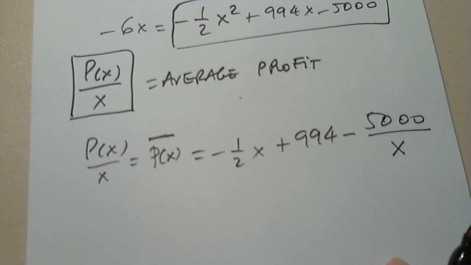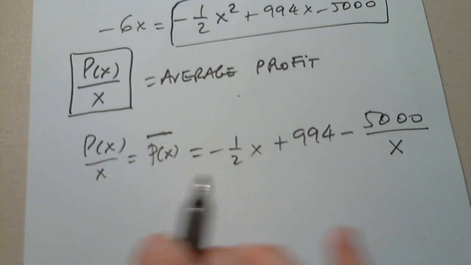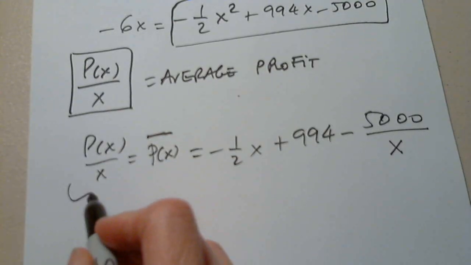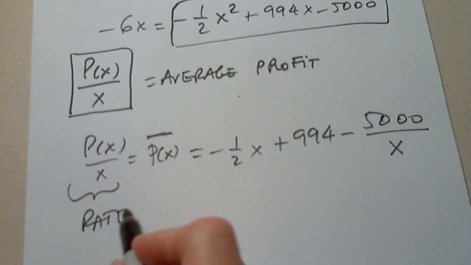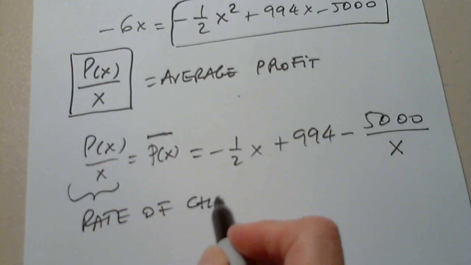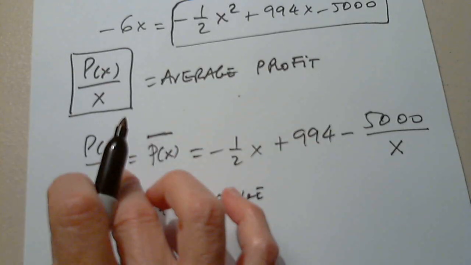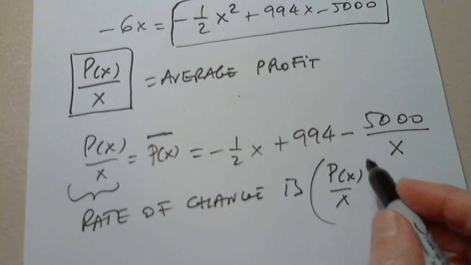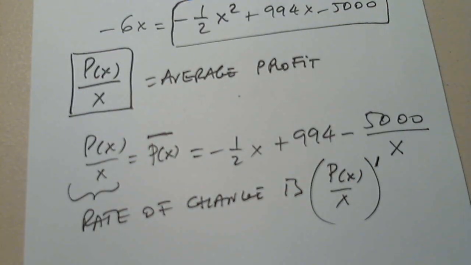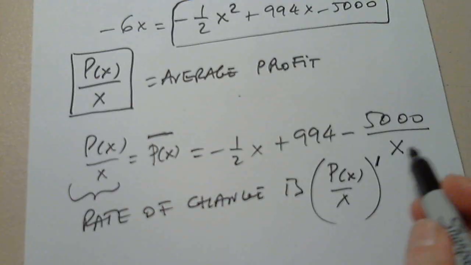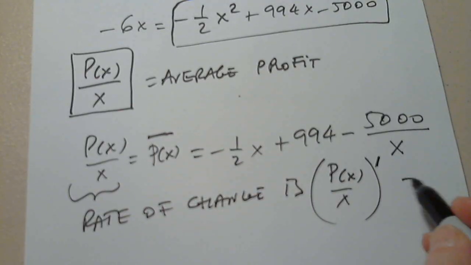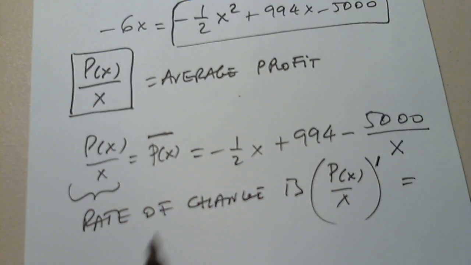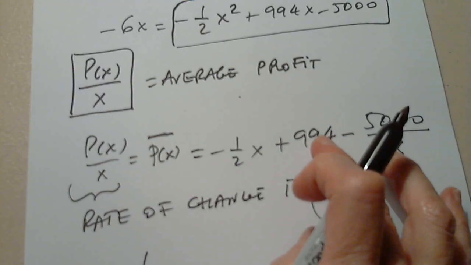Now, the question normally will ask us to find the rate of change. The rate of change of this function is P of x over x, everything prime. So I'm going to find the derivative of this function, which is negative 1/2. This is 0.